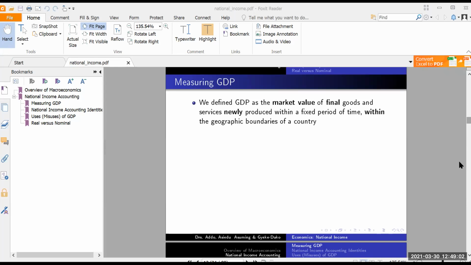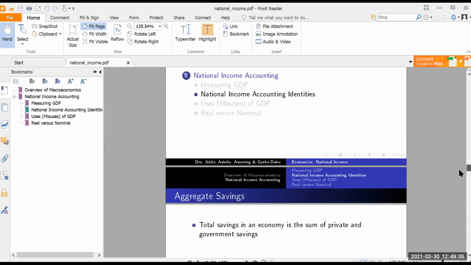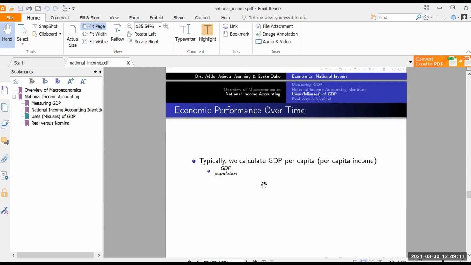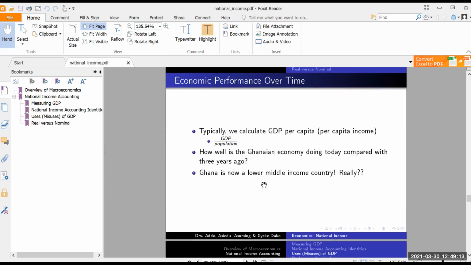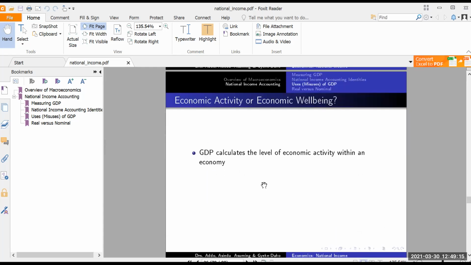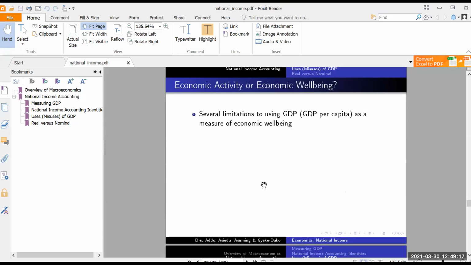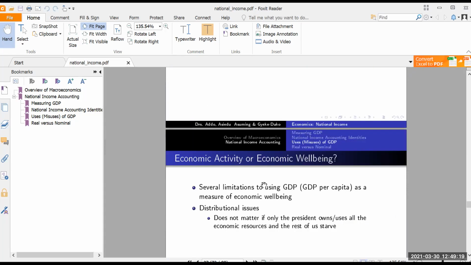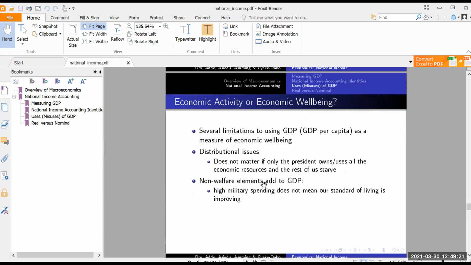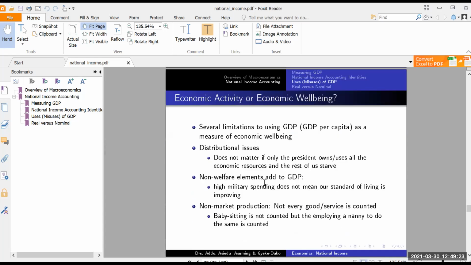The last class, we stopped at GDP versus GNP. You said that's where we'll start from in our next class, GDP versus GNP. So our last but one slide was the computation of the GDP.